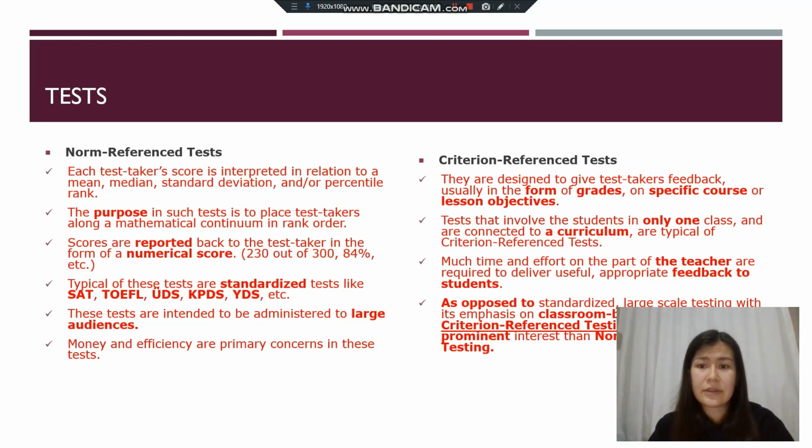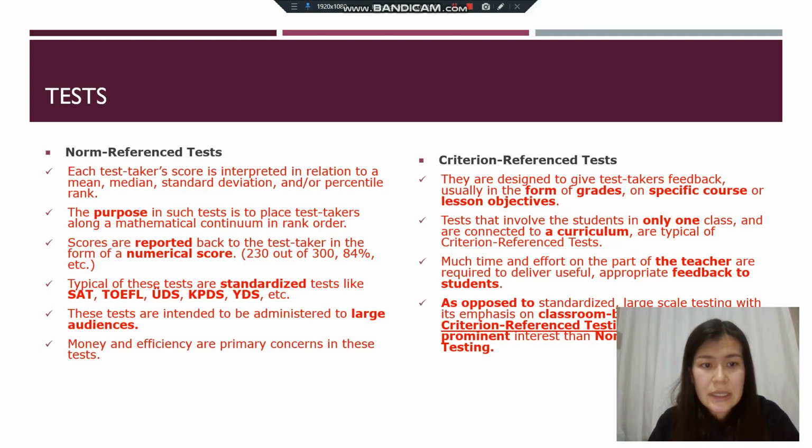On the other hand, there are some other test types also. One of them is norm-referenced tests, and another one is criterion-referenced tests. Norm-referenced tests means each test taker's score is interpreted in relation to a mean, median, standard deviation, or percentile rank.